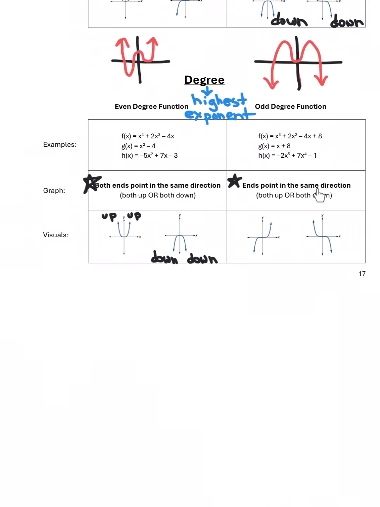The ends point in, cross this off right here. I must have done a copy and paste. Opposite directions. I'm hoping to fix that on your packet before I photocopy it. So hopefully on your paper, you won't even have to fix this.